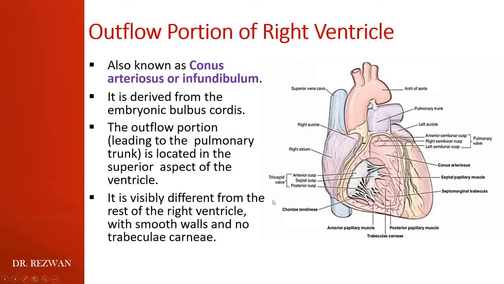It is visibly different from the rest of the ventricle with a smooth wall and no trabeculae carneae. Obviously the other portion of the ventricle is very much rough, as we can see with the pillars and ridges and bridges and cusps and everything, but over here this area seems a little bit smooth. So in the dissected heart we can easily find out this portion.